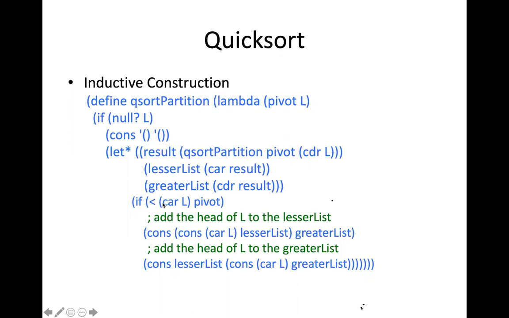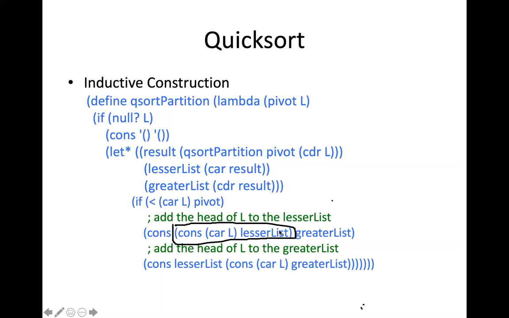And then we check to see if we deal with the car. So if the car is less than the pivot, we're going to add that element to the lesser list. So we cons the car onto the lesser list, and we return a cons pair now consisting of the new lesser list, this right here is the new lesser list.